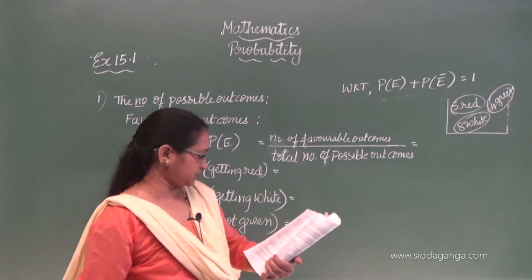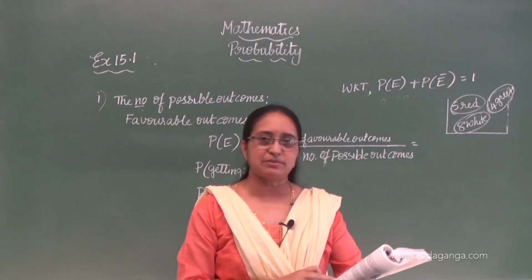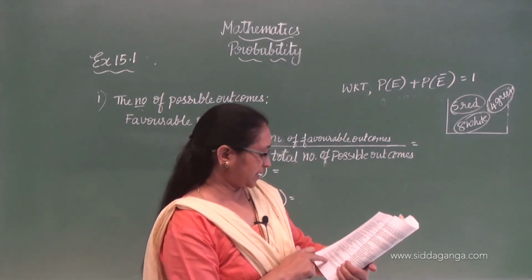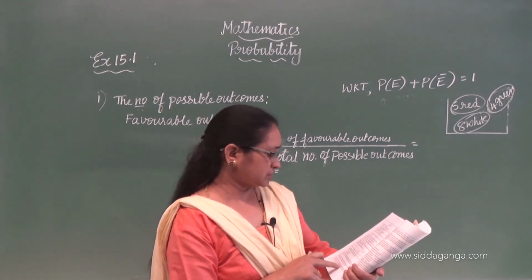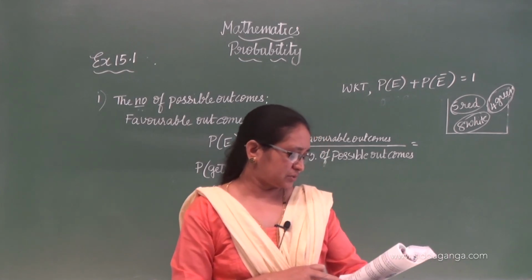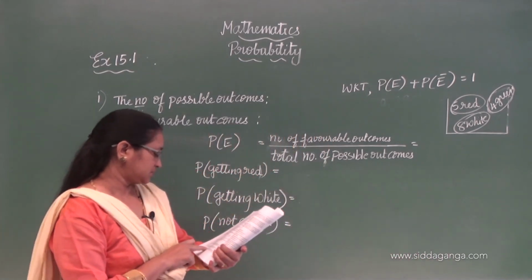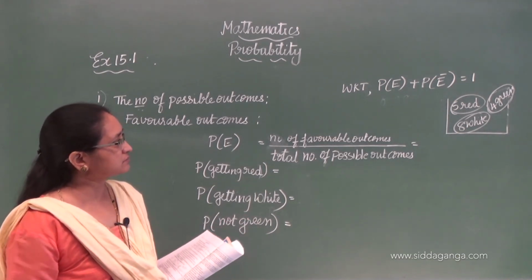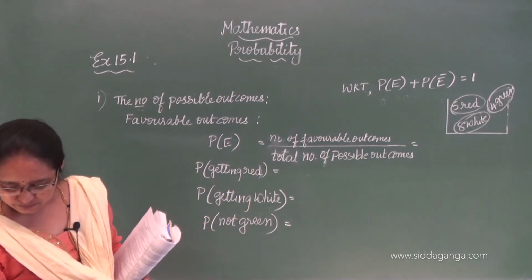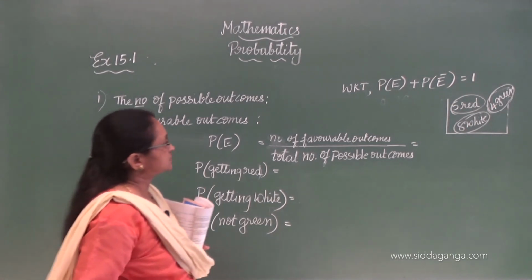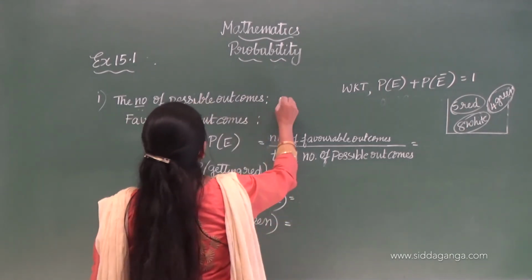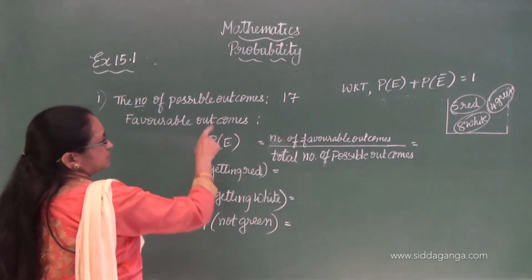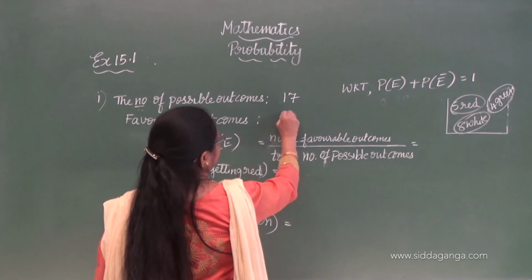By mistake I took the above 5 black of the previous problem. So 5 red, 8 white and 4 green, so 17. Okay, 17. So total possible is 17 and favorable outcome of red is 5.